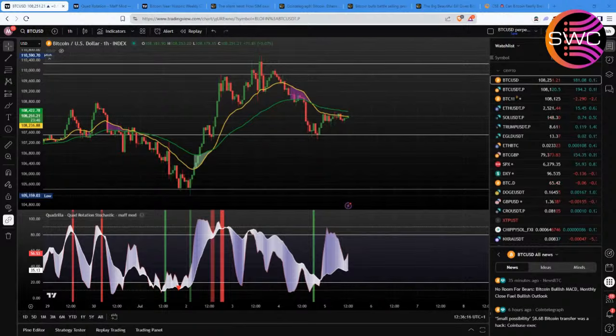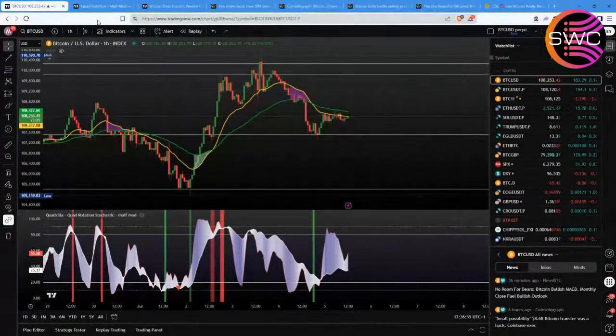Apparently, statistically, July the 4th is generally a dumpy day, which I didn't know. I must admit, I wasn't totally prepared for that. Having seen the green background on Quadzilla on the 1 hour time frame yesterday, at that bottom, has given me quite a lot of confidence to think that we will go up for the time being.